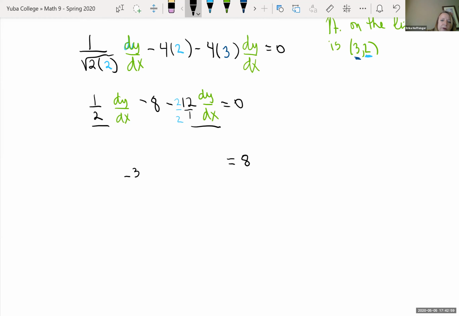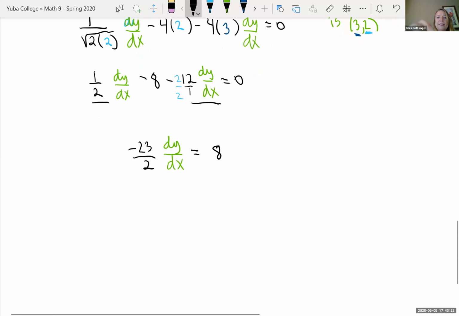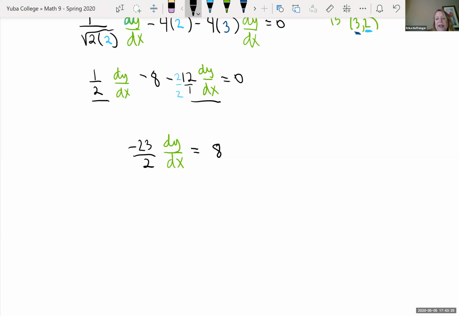Negative 23 over 2 dy/dx is equal to 8. So to get dy/dx by itself, we're going to divide by negative 23/2, or think of it as multiplying by the reciprocal, negative 2 over 23.